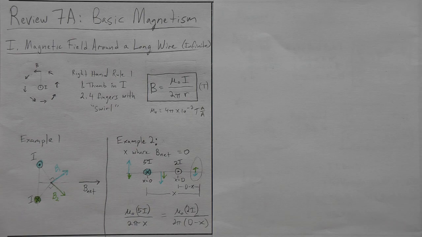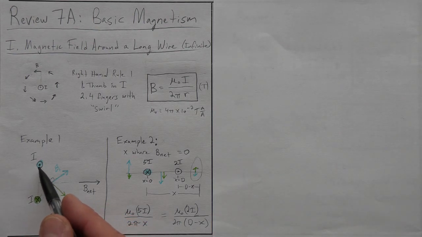I don't know if it's showing up well because of the colors, but for this wire the current's coming out of the page straight at your eye, and for this wire the current is going into the page. So both these wires make magnetic field at this point. First thing we have to do is figure out the directions of the magnetic fields of each individual wire.